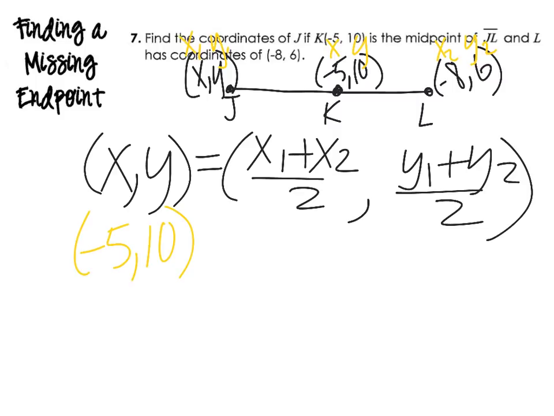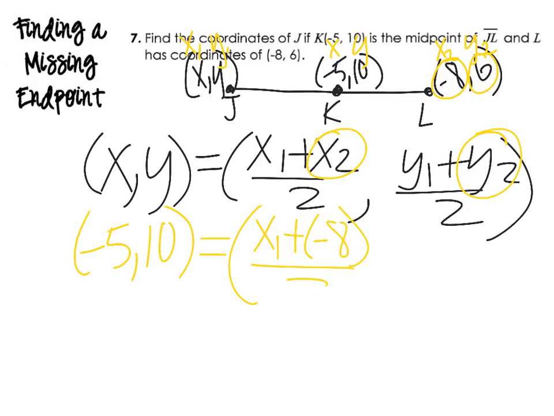So let's substitute negative 8 in for x2 and 6 in for y2. We still don't know what x1 is. That's what we're looking for. But we know x2, or our second endpoint, is negative 8. We don't know what y1 is, but we know that y2 is 6.